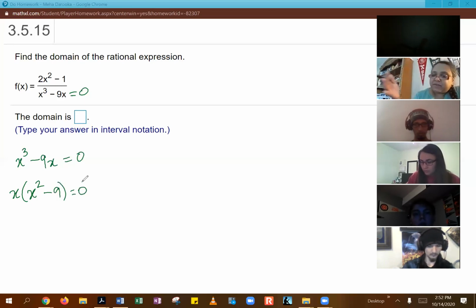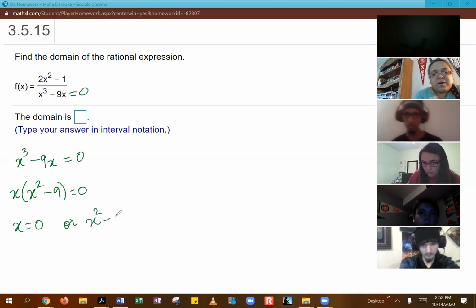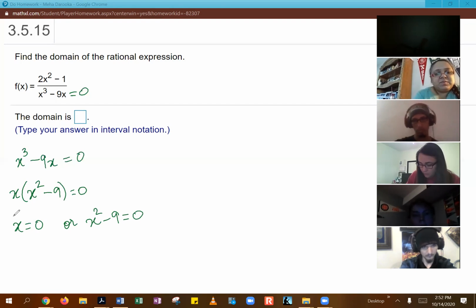Then you take each factor, set it equal to 0. So you will get x equals 0 from that first one, or x squared minus 9 equal to 0. So this one is already telling us that 0 cannot be our denominator. And you can see, the moment we put 0 for our x values over here, you get 0 minus 0. So obviously we end up dividing by 0.